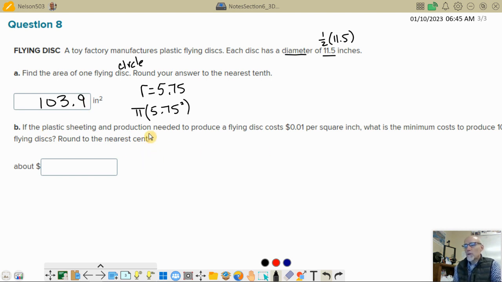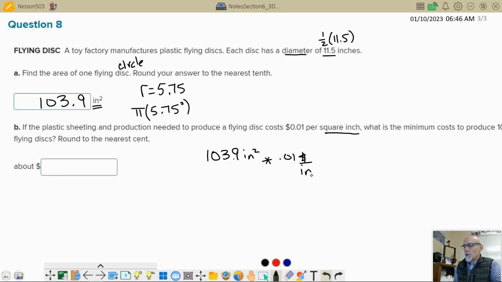Now, this is the part that really messed with us yesterday. It says that the sheeting needed to produce a flying disc costs 1 cent per square inch. Well, this is beautiful because we have square inches up here. If I didn't have square inches, I'd have to convert to square feet or square yards, and that's where things got a little messy. So in this situation, 103.9 square inches times 0.01 dollars per square inch. I'm going to put the units after instead of having the dollar sign in front.